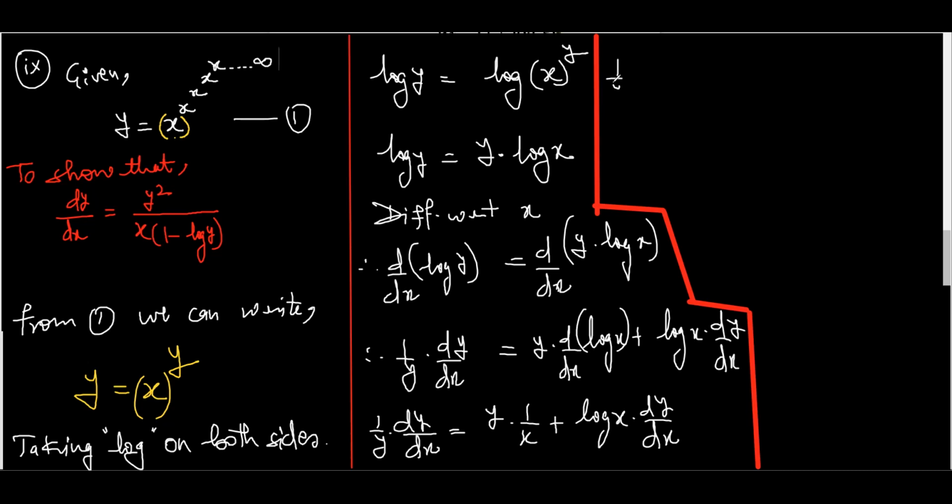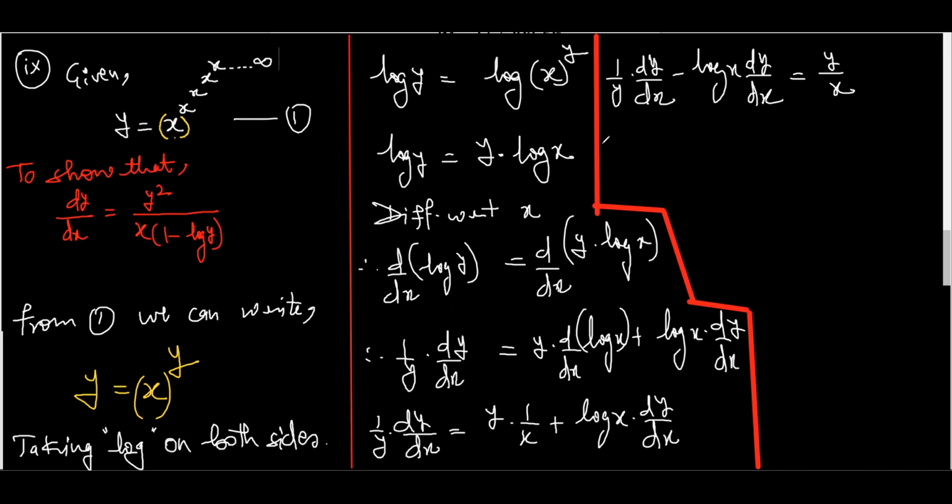So I get here 1 upon y dy by dx minus log x dy by dx. This we are shifting on the left side. So it equals y by x.